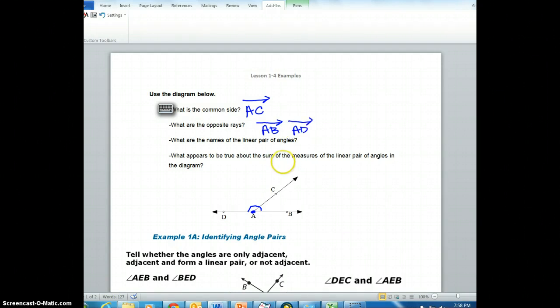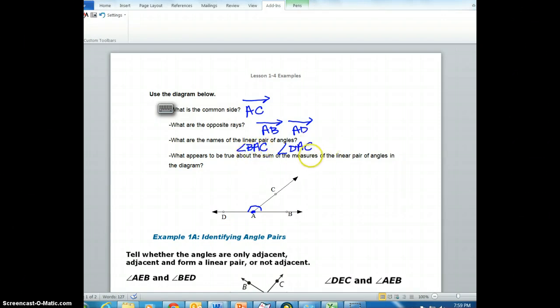What are the names of the linear pair of angles? Again, we said that since these two angles form a line, they are a linear pair. One of these angles, we said, is angle BAC, and the other angle on this side is angle DAC. Don't forget that the first angle could be named angle CAB.